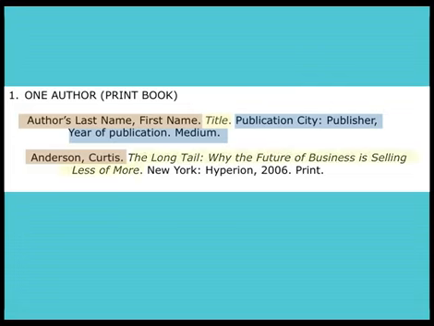Yes, The Long Tail, colon, Why the Future of Business Is Selling Less of More, period. That's the title. And then we have the publication information, beginning with the publication city, New York, colon, Hyperion is the name of the publisher, comma, year of publication, 2006, period, and then print because it was a print book.